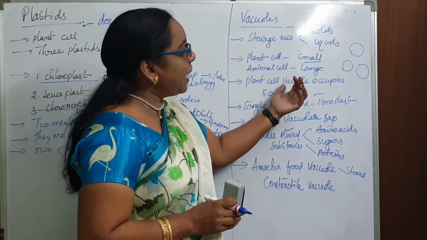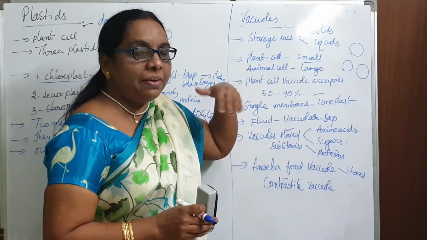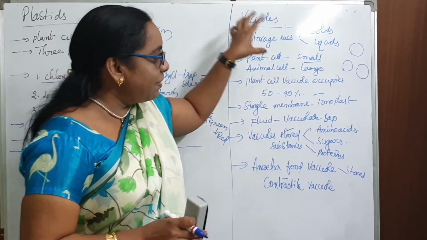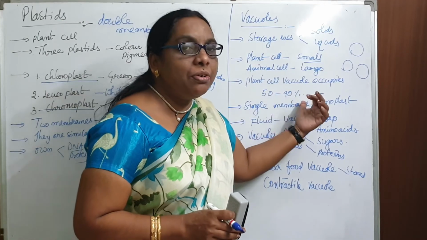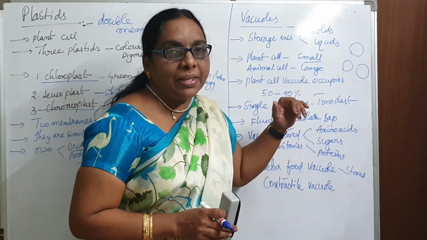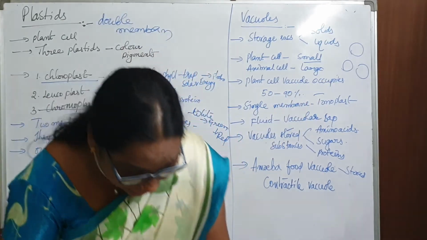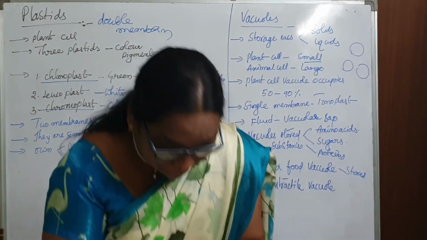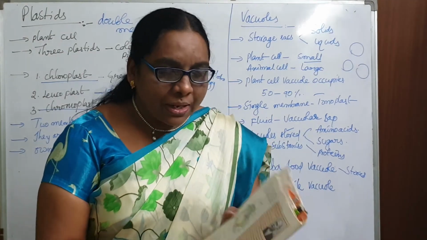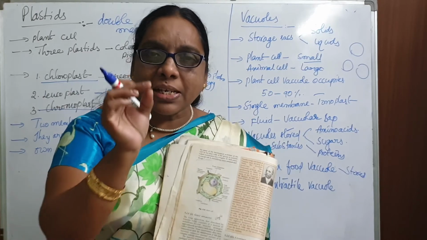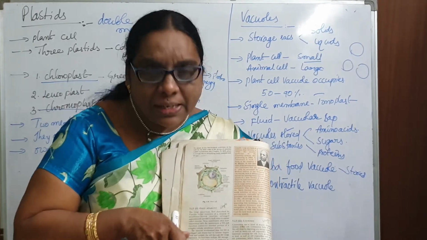In the plant cell, whenever it is growing up, the vacuole occupies 50 to 90% of the cell. That is the reason when you draw the plant cell and the animal cell diagram, in the animal cell the nucleus will be in the center.